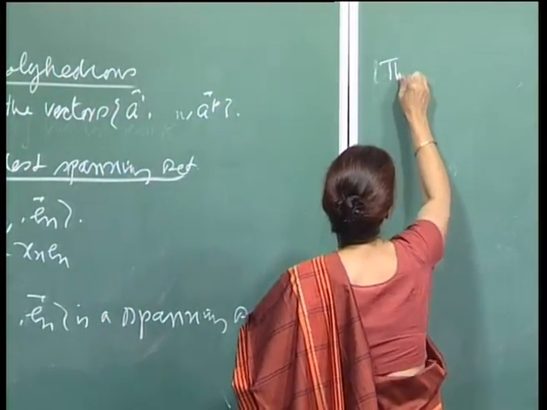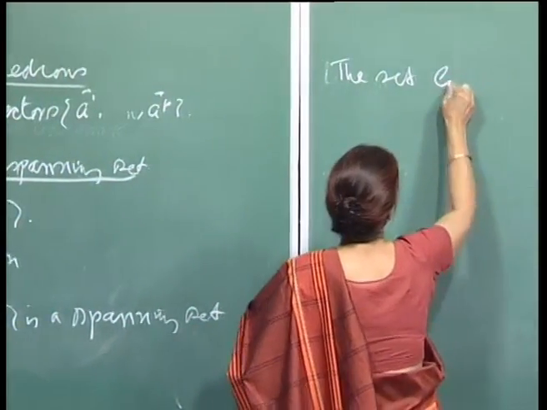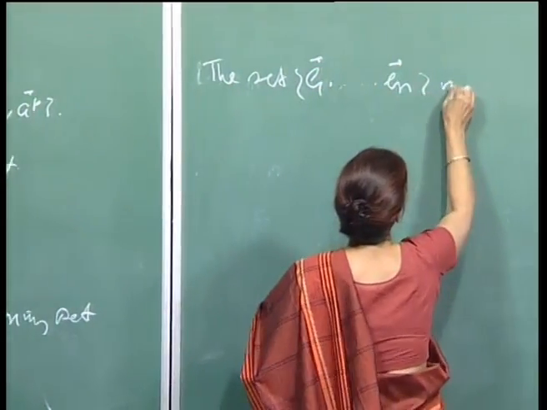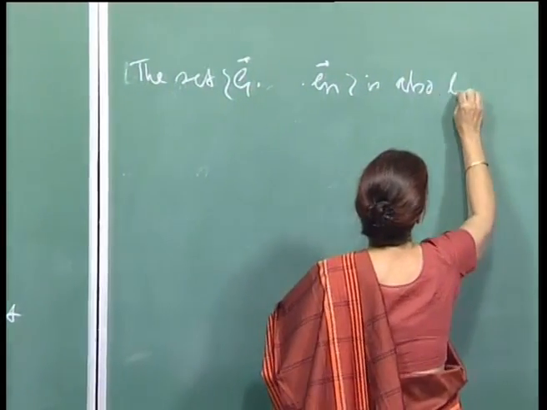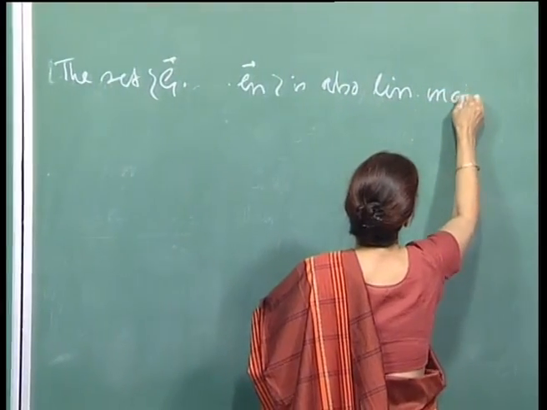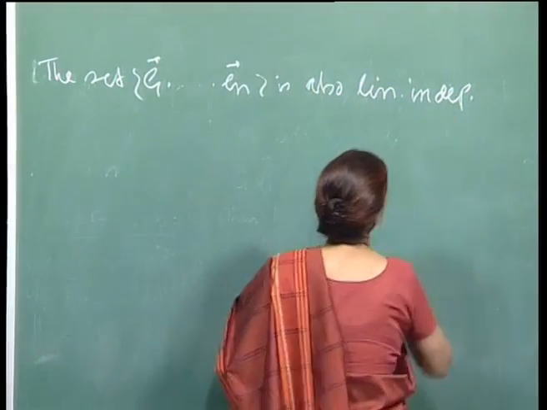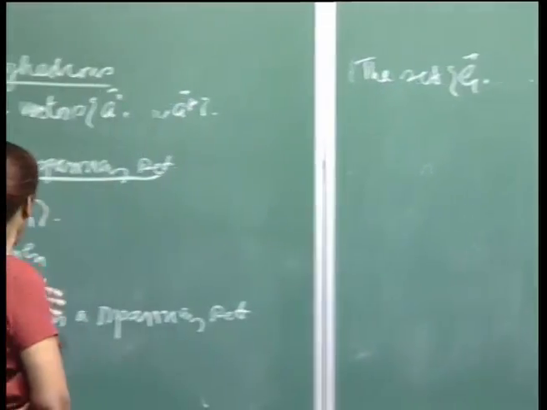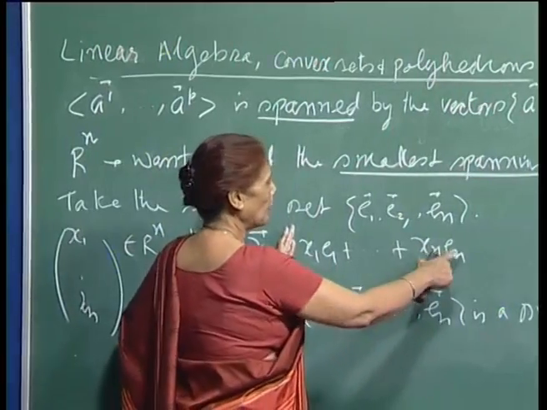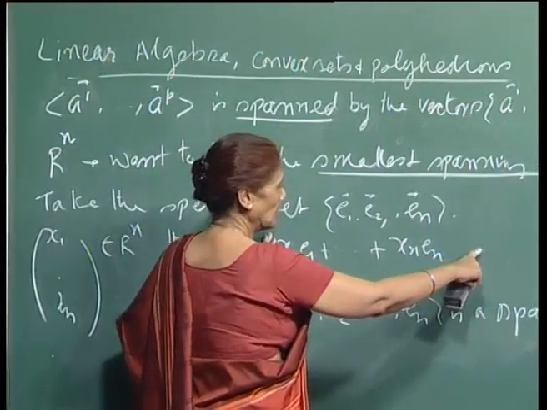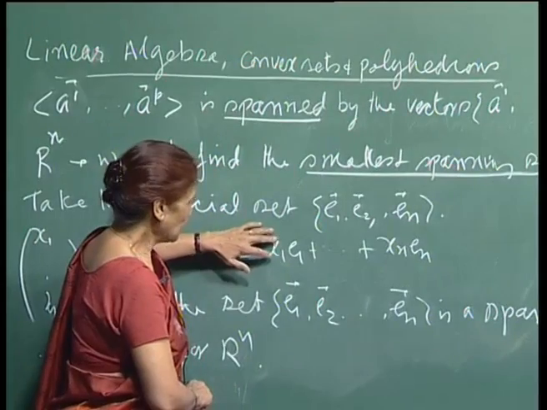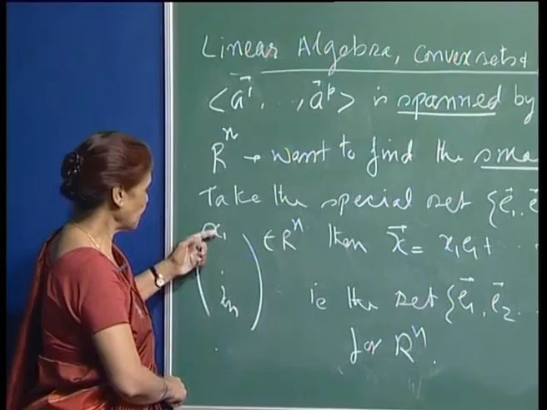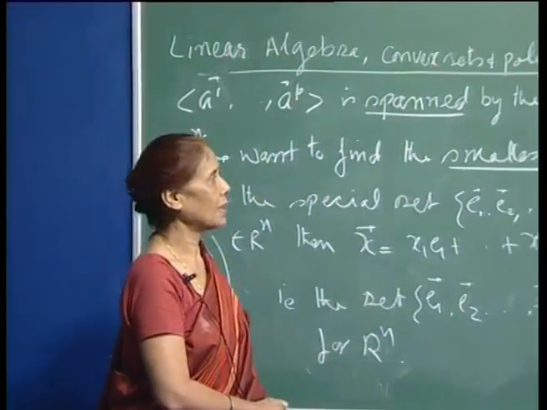The set E1 to En is also linearly independent, okay, and that is easy to see by the same reasoning, because if I say that some linear combination of these vectors is 0, then since this will become an n tuple, right, x1, x2, xn, so this has to be equal to the 0 vector, so therefore that will imply that each of the xi's is 0, right.